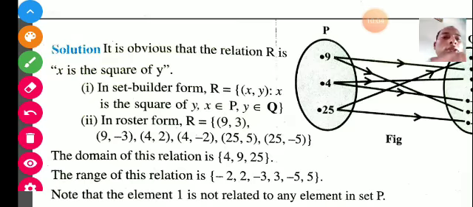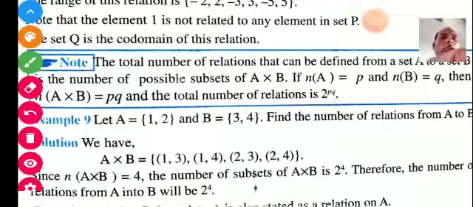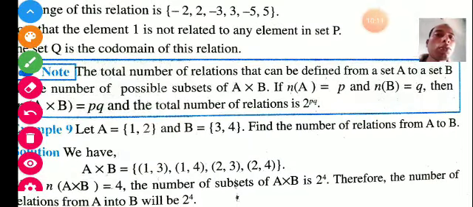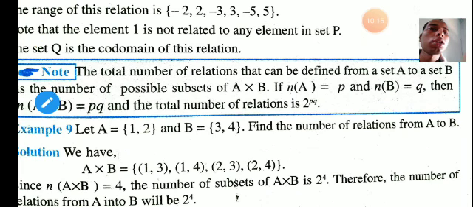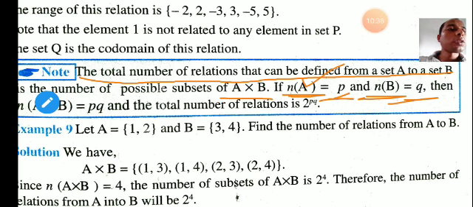There was one other question, but we will not discuss that one. Just note this formula for the total number of relations. This is an important formula for us. The total number of relations that can be defined from set A to set B is the number of possible subsets of A cross B. So n(A) equals p, the number of elements, and n(B) equals q. A has p elements, B has q elements.